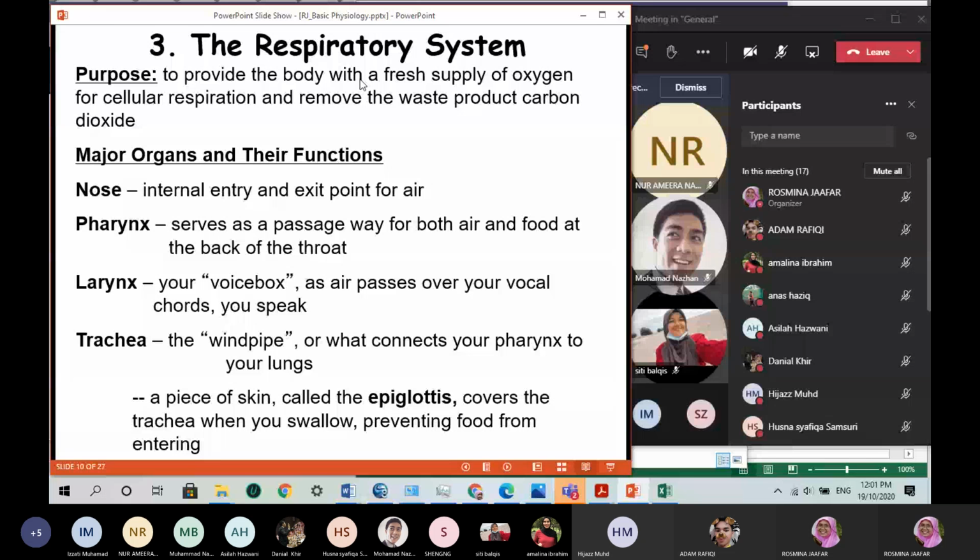The place where respiration actually takes place is inside the alveolus, which is the air bags in your lungs. Because at the alveolus, you have exchange of oxygen and carbon dioxide, and the blood functions to combine oxygen and to let go of the carbon dioxide.